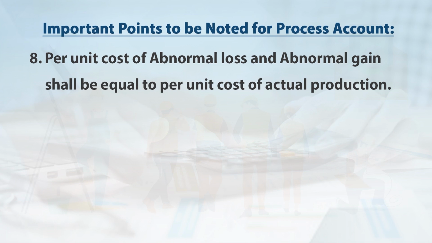Per unit cost of abnormal loss and abnormal gain shall be equal to per unit cost of actual production. 9th, format of process account. Let us understand this format.